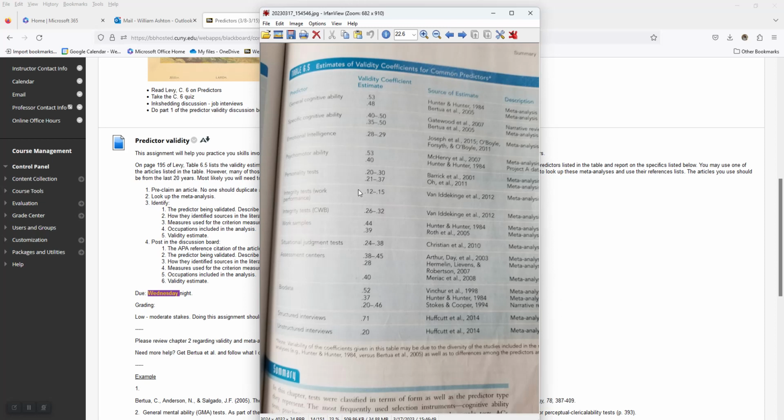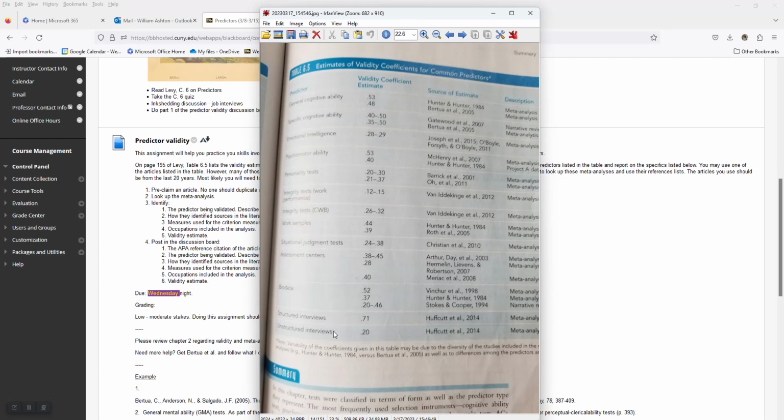I want you to be able to really understand how to look up and find information about that. This table just estimates it, but let's say we talk about some other predictor that's not on this table. I would like you to have the ability to go to the library, look up something, and tell me what the validity, or the correlation between the predictor and the criterion, which is of course job performance, is.